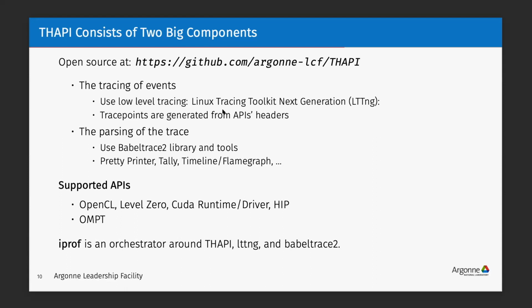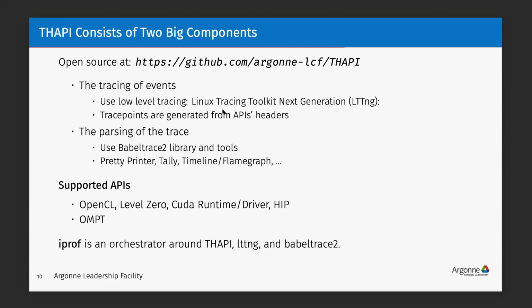On the parsing side, we use the Babeltrace 2 library and tools, which is a reference implementation CTF reader, and they have a plugin system where you can develop your own trace readers. That's how we develop our tools.